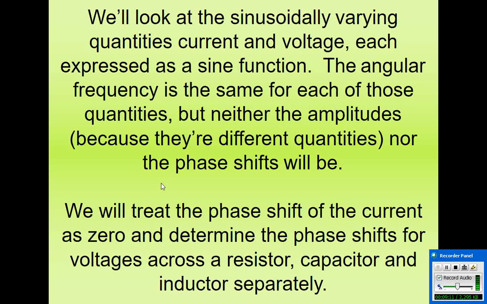And the current through the circuit at all times, if we're looking at a series circuit, is the same, whether we have a resistor, an inductor, a capacitor in series. Whatever's in series, the current through each is the same at any given instant in time. But if I have a resistor and an inductor and a capacitor all in series with each other, it's certainly not at all the case that the voltage drop across each of them will be equal to each other.